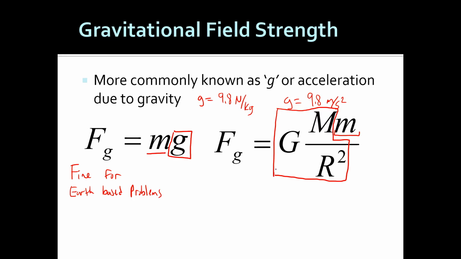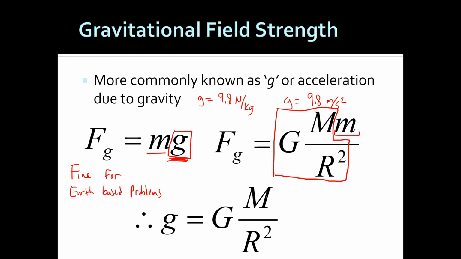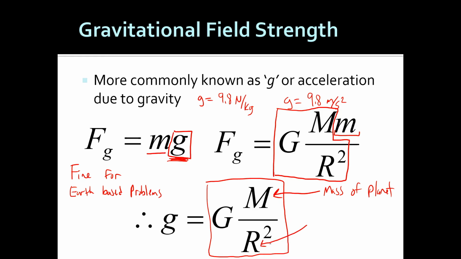So it means that g, the gravitational field strength, otherwise known as the acceleration due to gravity, is actually the value of this. Big M, in this context, ends up being the mass of the planet, in our case Earth, and big R ends up being the radius of the planet.